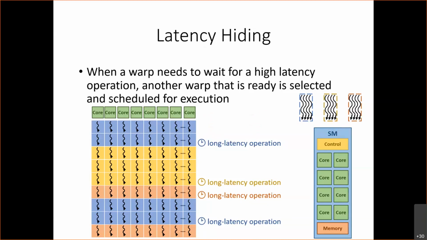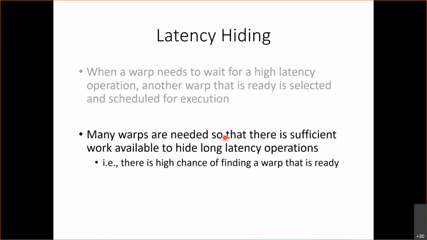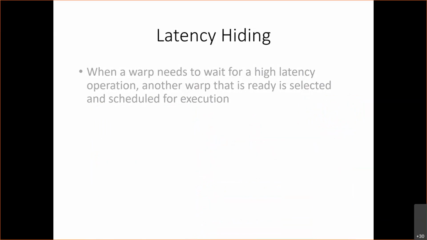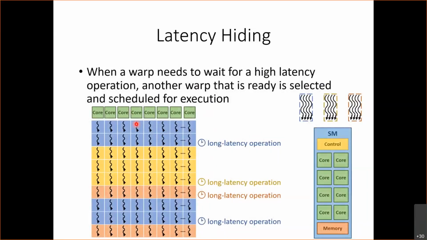Okay, that brings me to my next point. In order for this multi-threading to work, for me to make sure that I use every single cycle in my pipeline and I don't waste any of them, it's in my best interest to have many more warps scheduled on my SM than I have cores.